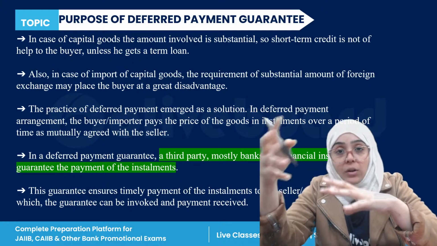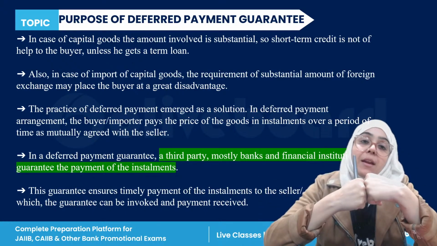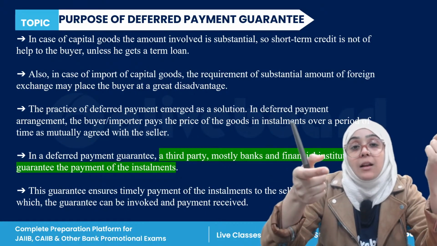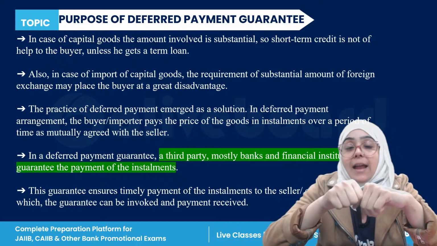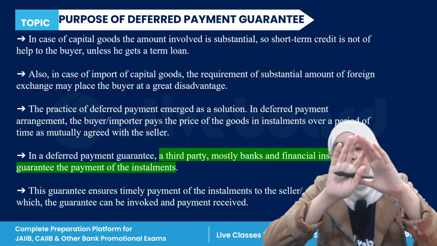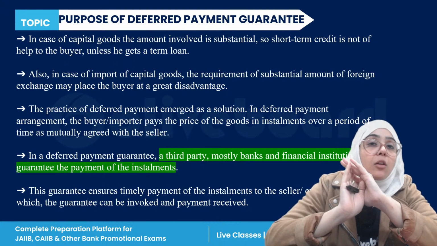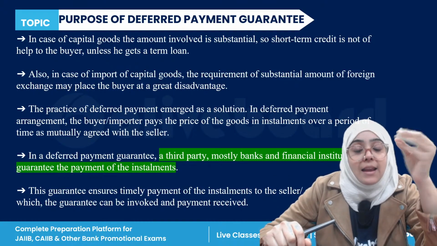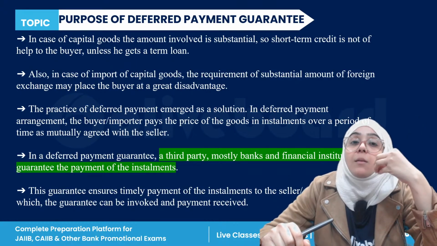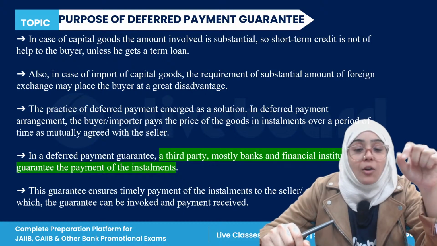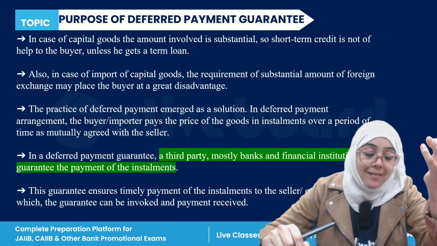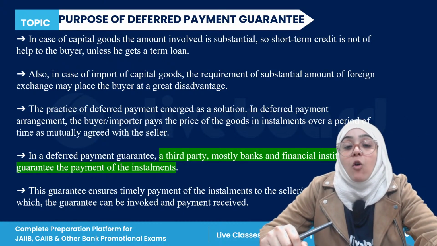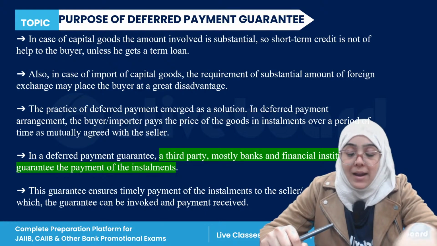Second, the exporter gets confidence of repayment, because in a deferred payment a guarantee is provided by the bank or financial institution. They get assurance that if the importer defaults on any amount, it will be paid by the bank or financial institution. So these are the purposes of the deferred payment, right?